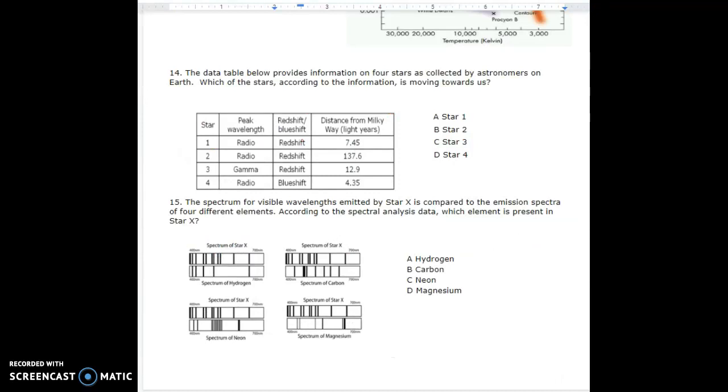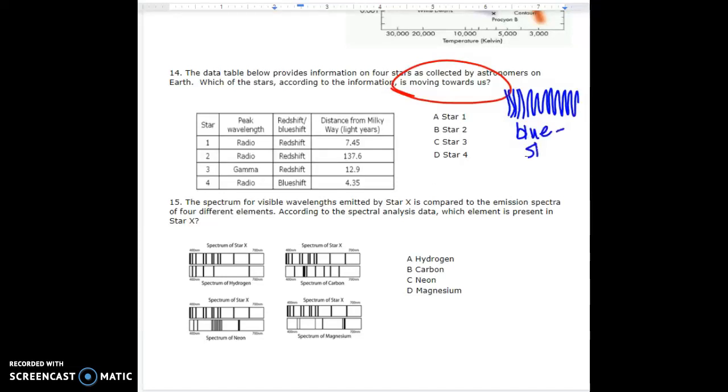So this table tells us information on 4 stars collected by astronomers on Earth. Which of the stars is moving towards us? We learned that when it comes to the electromagnetic spectrum, when things move towards us, they start to bunch up, towards the blue side of that spectrum.